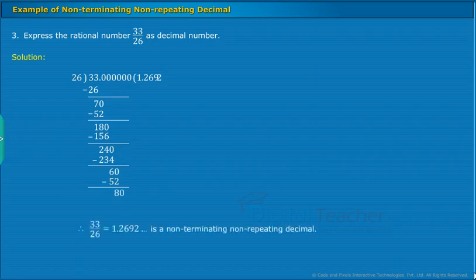Therefore, 33/26 is equal to 1.2692, which is a non-terminating, non-repeating decimal.